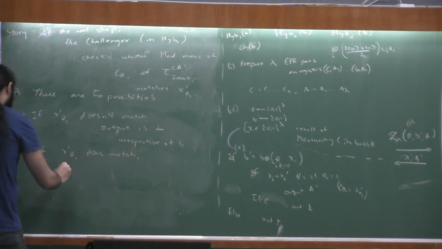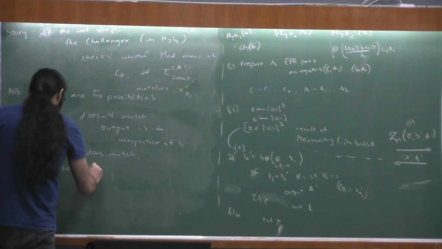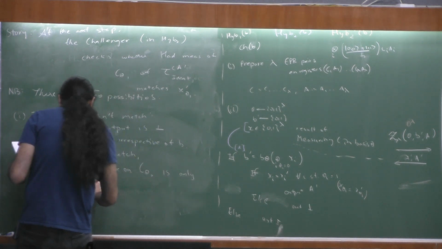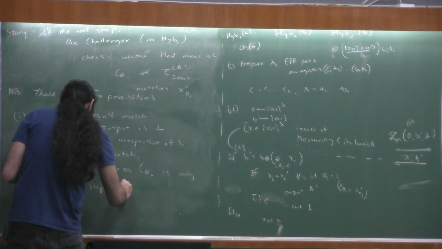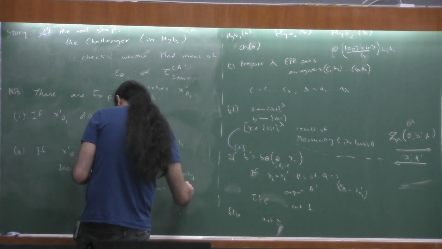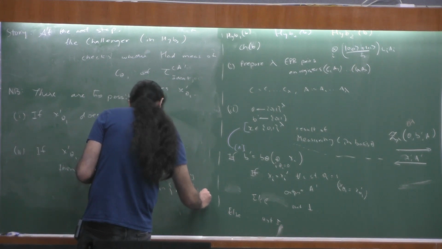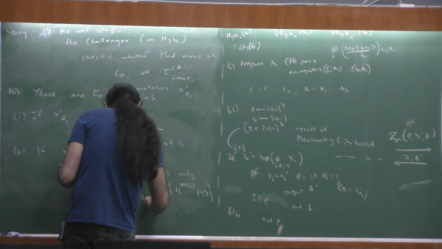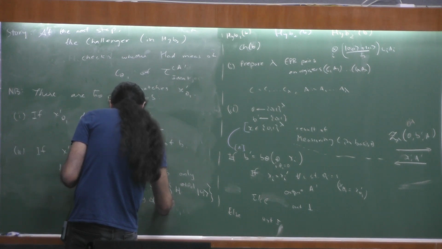Then the state on c theta 0 is only supported on the span of h theta 0 y such that the distance between y and x0 prime is at most half.